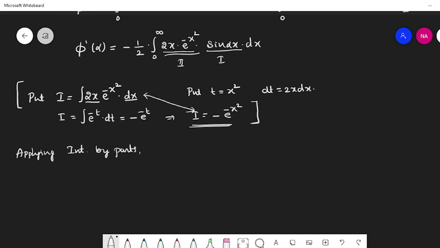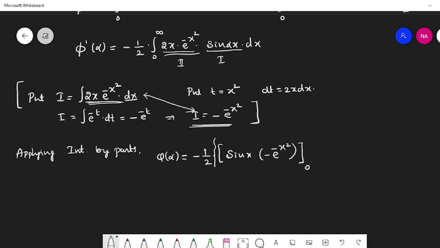we get phi dash of alpha equal to, so integrating this becomes phi. So phi of alpha equal to minus 1 by 2 times first function, that is sin alpha x, into integral of second function. Integral of second function is integral of 2x e power minus x square, which we have computed as minus e power minus x square.